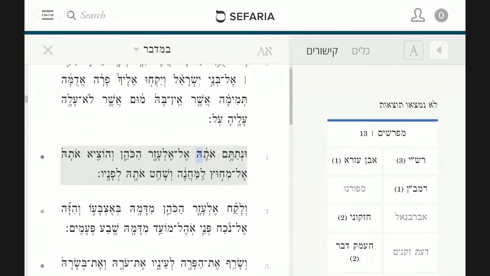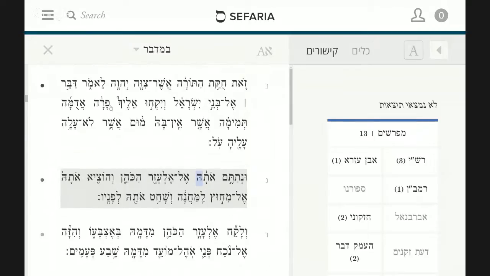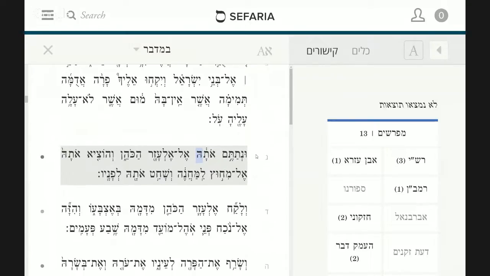It's a definite object pronoun, which ends up meaning it in this case, but it's feminine because we're talking about the para, and that's feminine. So you shall give it, otah, or you could translate that you shall give her, but we're talking about a cow. So you shall give her, or give it, the cow.